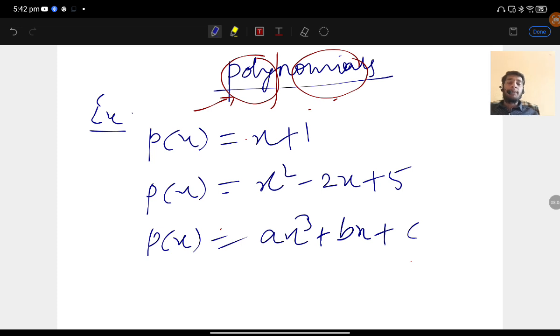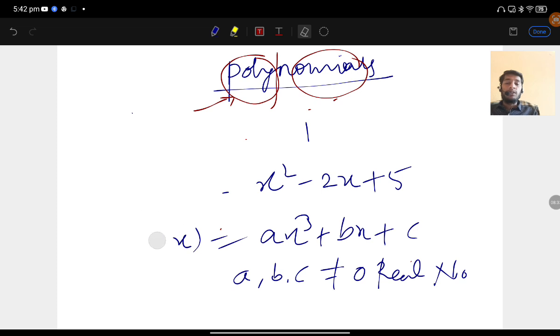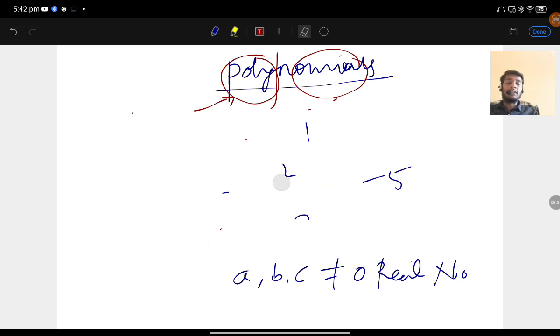This is also a type of polynomial, where a, b, c are not equal to 0, and they are all real numbers. Now you are familiar with these examples.